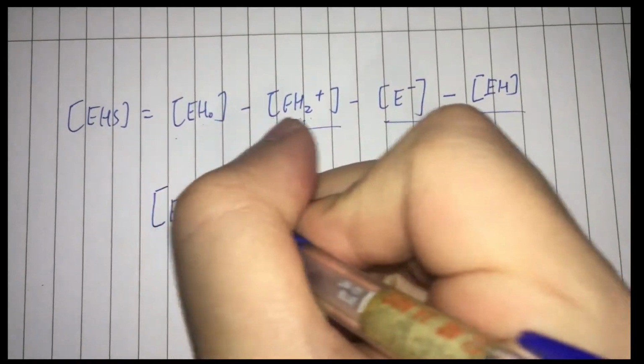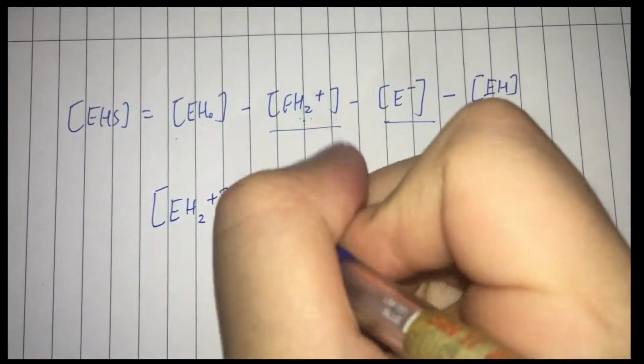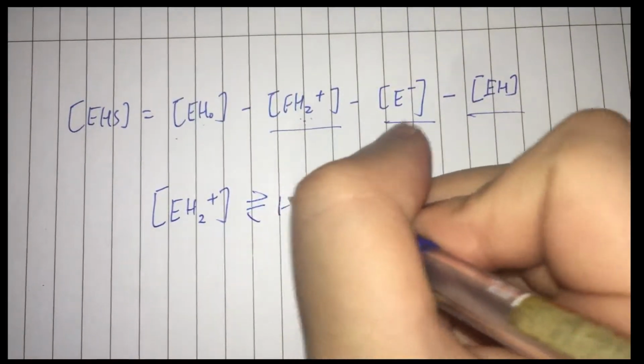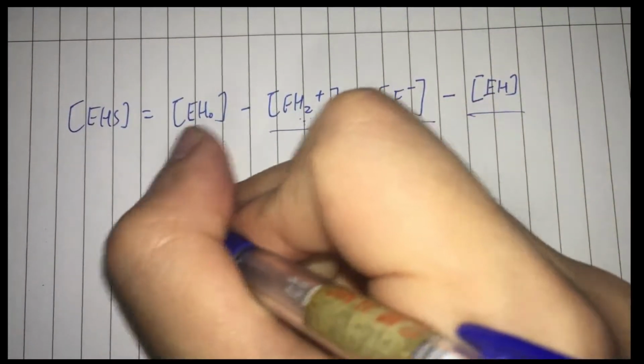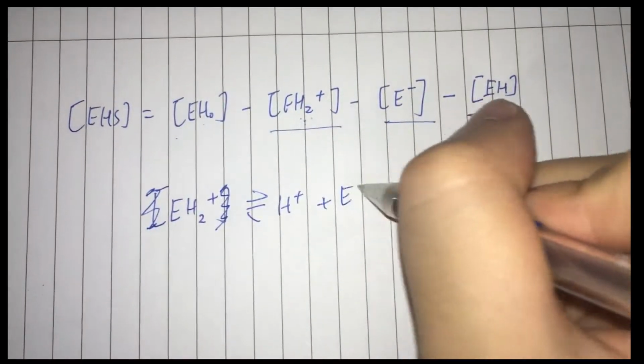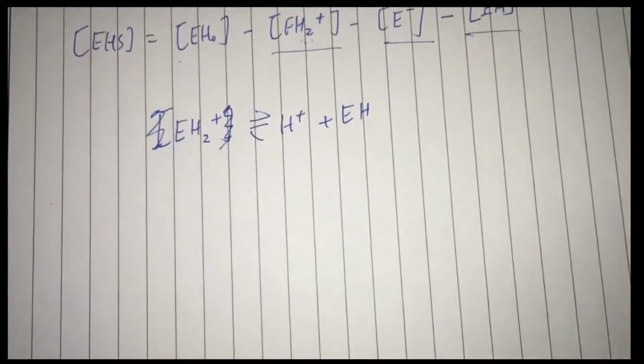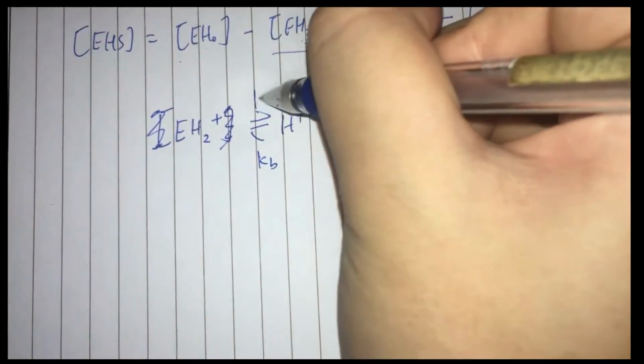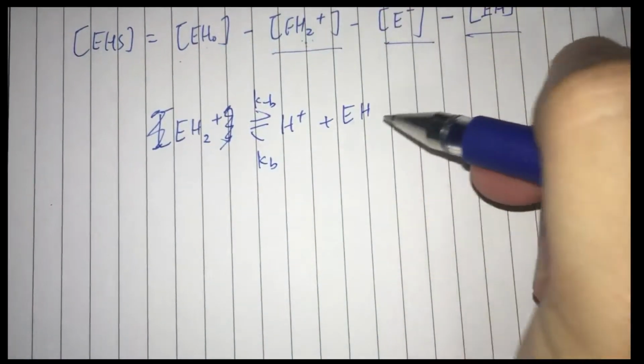So this is the acidic form, and this will be in equilibrium with this, correct? So the forward ones, I just call it the Kb because this is acting as a base.